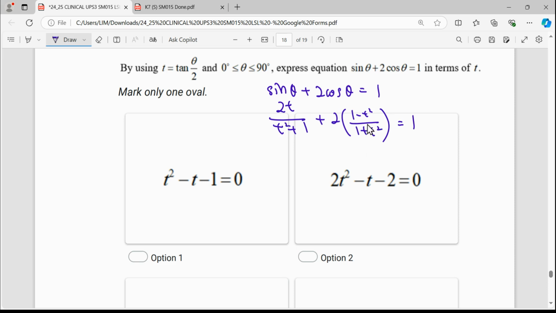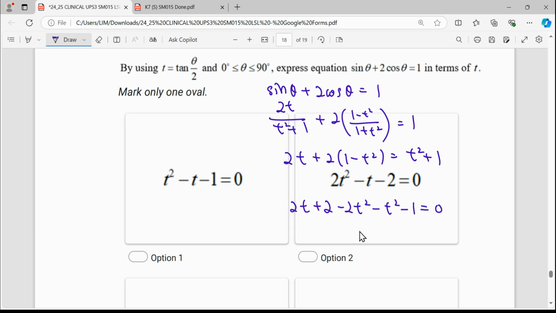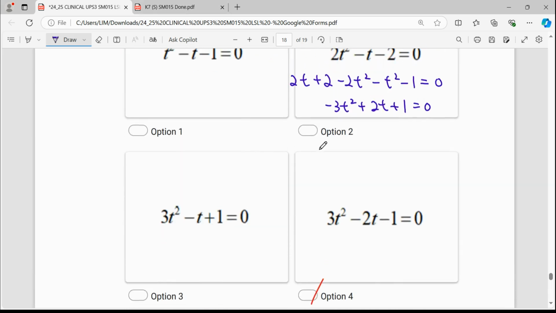So what we can do is we get the same denominator, 2t plus 2 times 1 minus t squared. This denominator, we multiply it to the right hand side, t squared plus 1. Then we rearrange this. So we simplify the negative, then we can get our option, which is this, option 4.